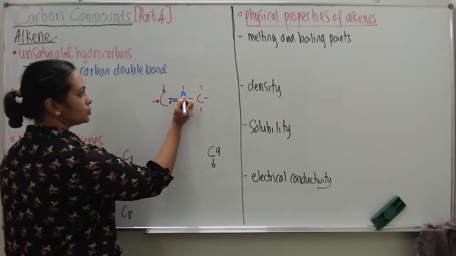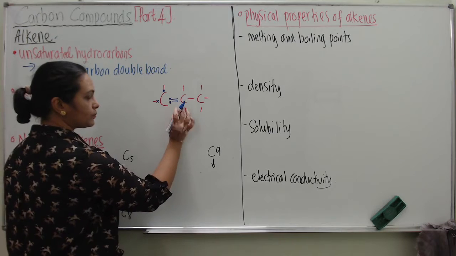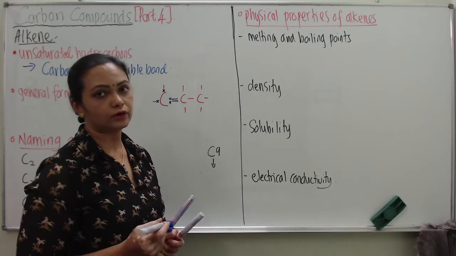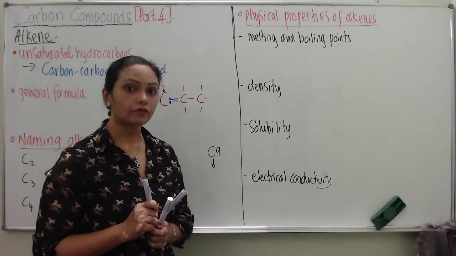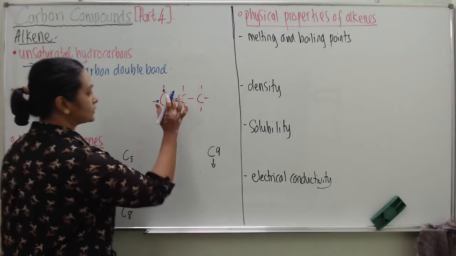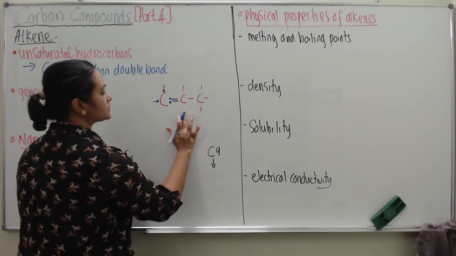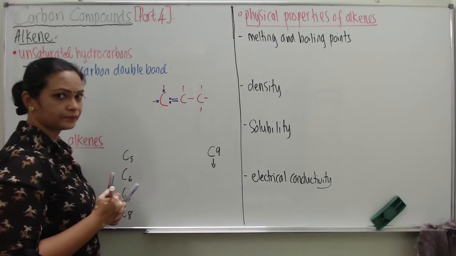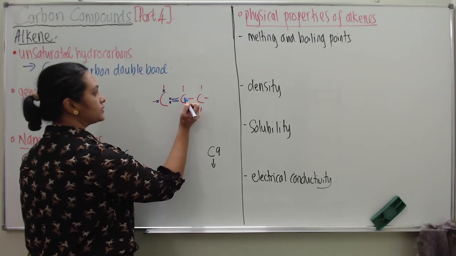Now 1, 2, 3, 4, 5. So this is wrong. Why? Because carbon can only share a maximum of 4 electrons, thanks to the electron arrangement of 2.4. So that's the reason why no atom is shared here. And if you count, you will find 1, 2, 3, 4.